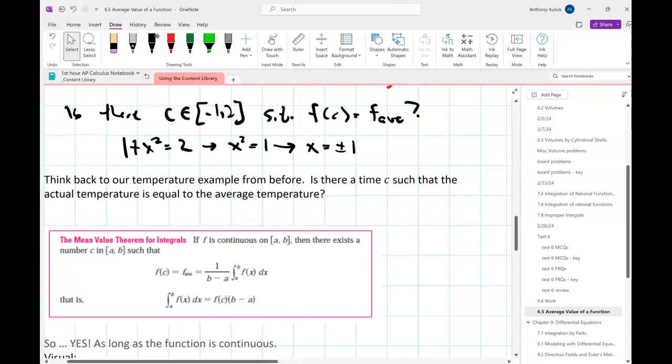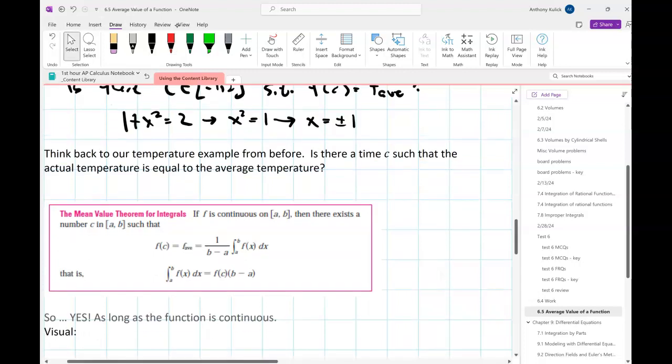Okay. So again, think back to our temperature example from before. Is there some time C such that the actual temperature equals the average temperature?